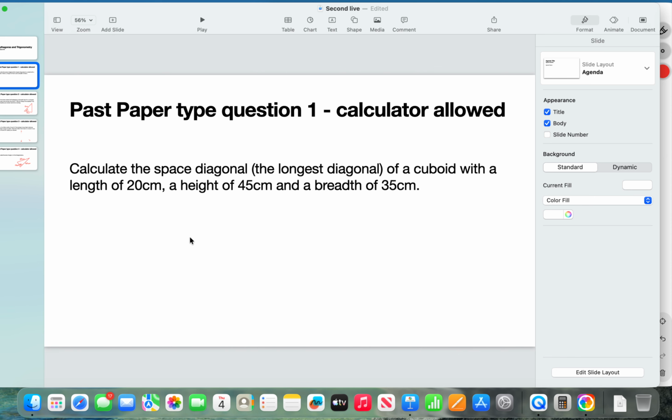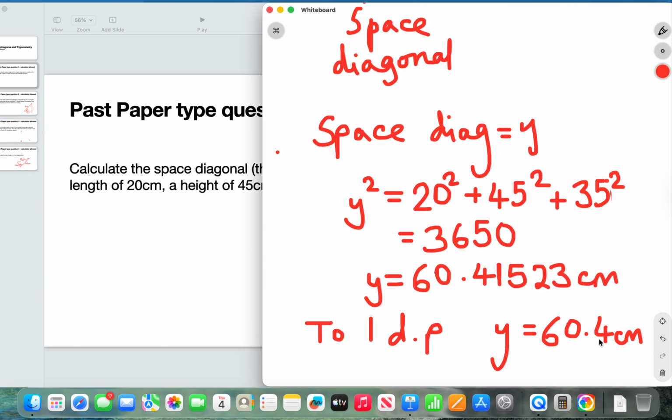But if you wrote 60, you might not get the last mark, because that might be considered too few significant figures. So I would always give too many rather than too little, and you usually shouldn't lose any marks. But I think 5 is a bit overkill.